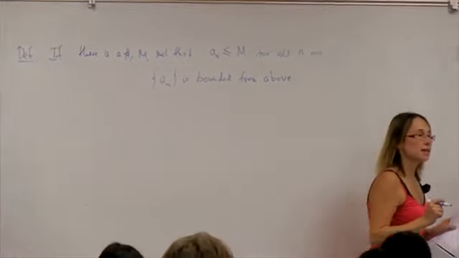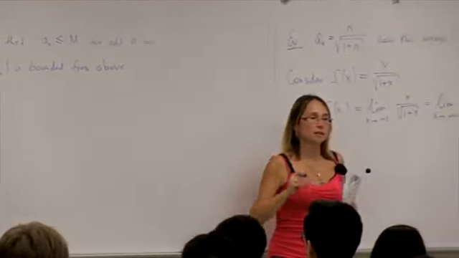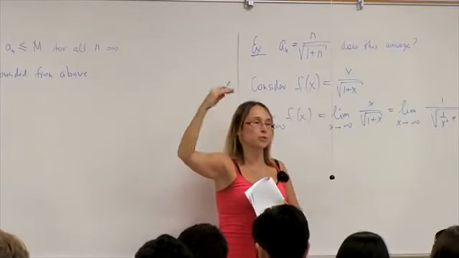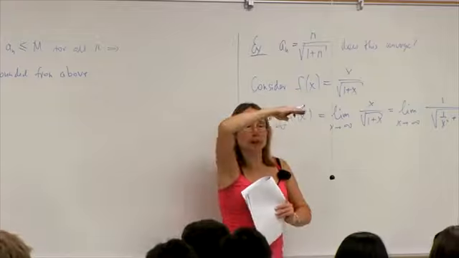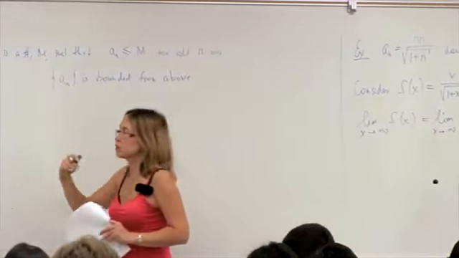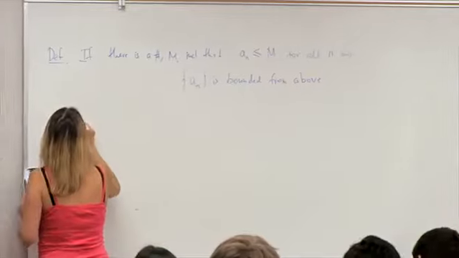This definition says that there is a roof such that this sequence doesn't pass through the roof. It never becomes greater than m. We can limit the sequence by this roof, by this large number, such that it never exceeds it.